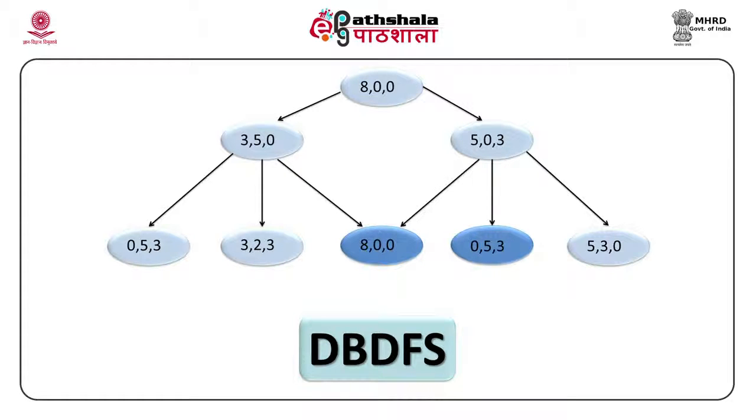Okay. So, in the beginning we will look at the 053, then 350's right child and then 800's right child. Okay. That is precisely what we are doing. So, 503 will take a left child which is 800, next child 053, next child is 530. Okay. So, this is how depth bound depth first search is executed.